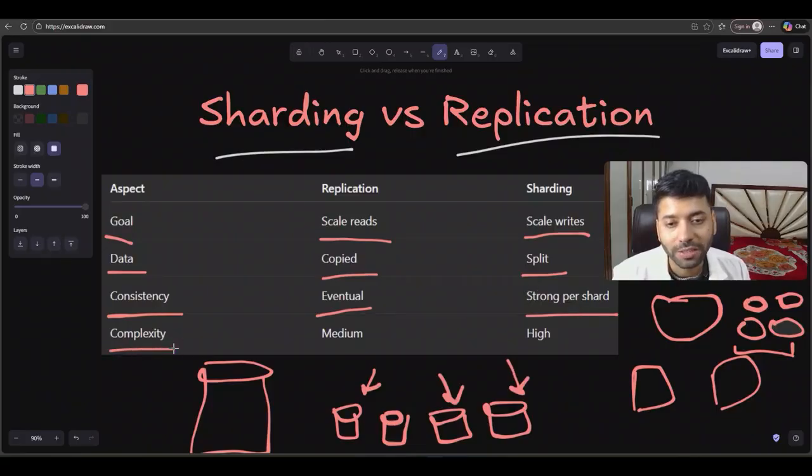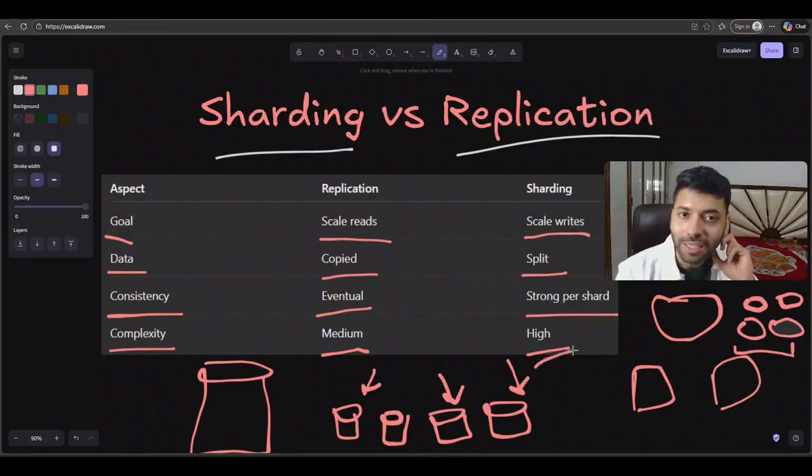Next, when we talk about complexity, replication is of medium complexity, but sharding is of a bit higher complexity. You'll see more about sharding in this video, and you'll get to know why sharding is a bit hard, specifically when we talk about SQL databases. Sharding is one of the weak or difficult points to handle in SQL, because you have to handle it on your own.